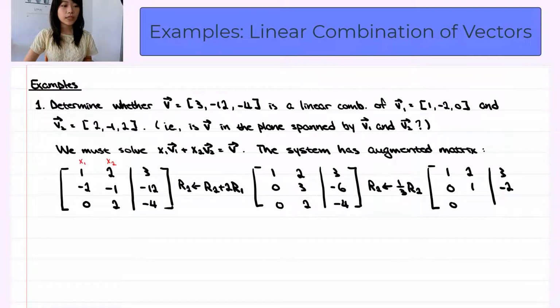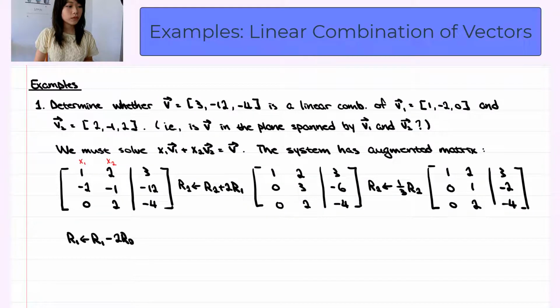Third row also remains the same, 0, 2, and negative 4. Then to eliminate the 2's in the second column, I'm going to replace row 1 by row 1 minus 2 times row 2. And the same for row 3.